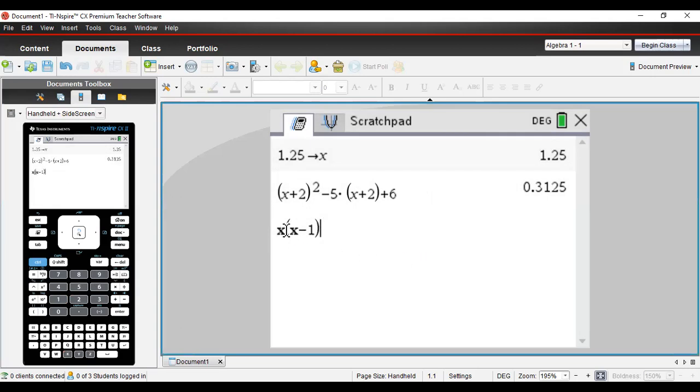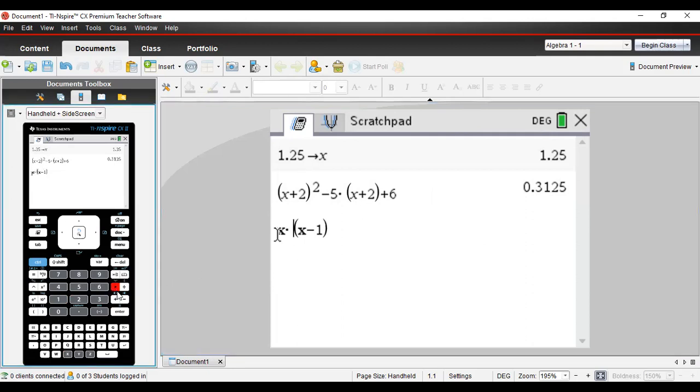All this means is you're supposed to put an actual multiplication between the x and the parentheses. So once you do that, you're good. When you see an error like that, you just have to know how to fix it. So now you press enter and they match. So these two expressions are equivalent.